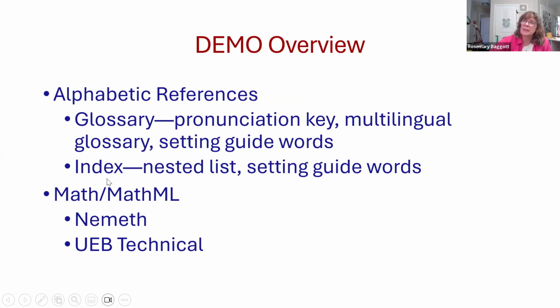Going to do a little bit with the index, showing how to create a nested list from those sub-entries that come in as paragraphs, and also how to set guide words in that work too, because it's pretty simple. And then we'll take a look at some MathML and look at both the NIMAS and the UEB technical conversions. And Liz, if you would talk about that MathML briefly while I get my file set up.